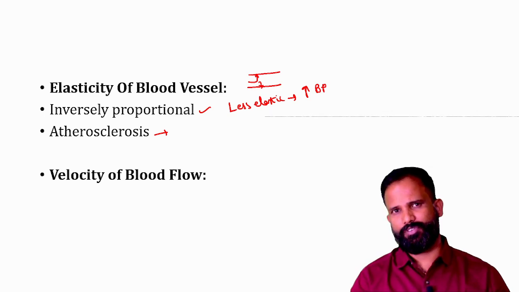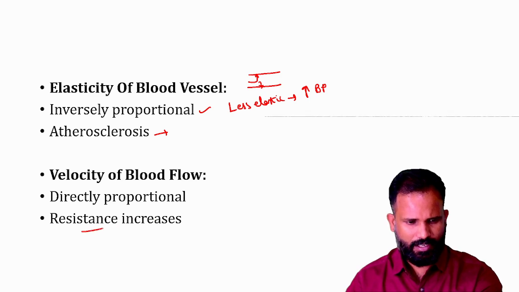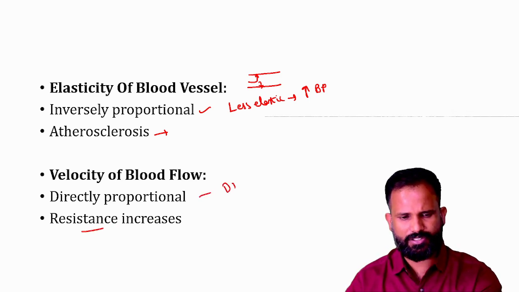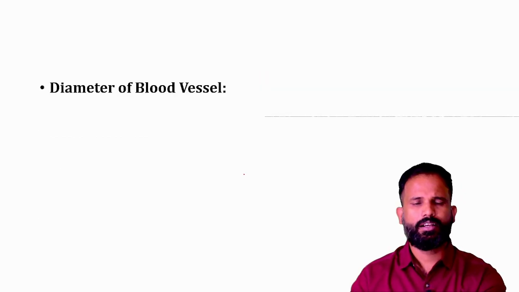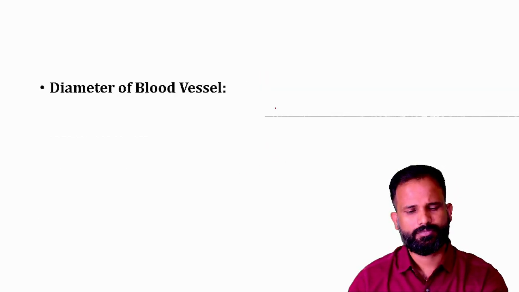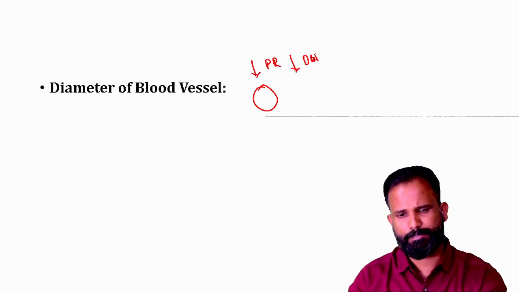Velocity of blood flow: the more the velocity, the more the resistance increases, so diastolic blood pressure increases. Diameter of the blood vessel: the more the diameter, the less the peripheral resistance, the less the diastolic BP.